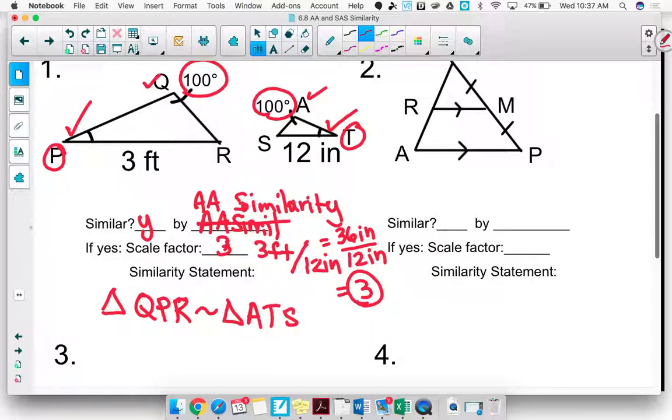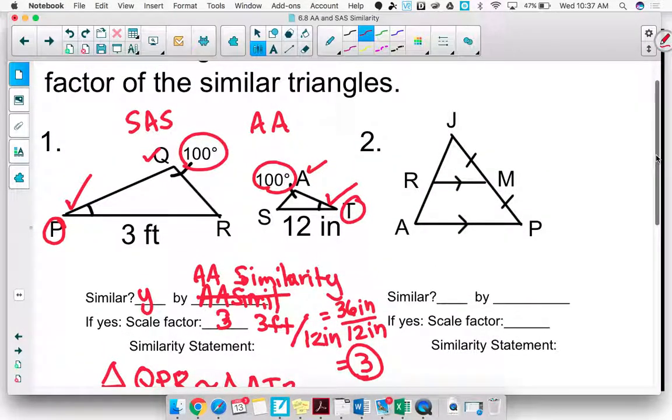All right. Number two. Are they similar? Well, let's just check. We have some parallel lines, so right away I notice that these corresponding angles are congruent and these corresponding angles are congruent. So yeah, these definitely are similar. Since they have two similar angles, this would be angle, angle, similarity. The scale factor, well, if you draw them separately, the little one, let's say this is 3.